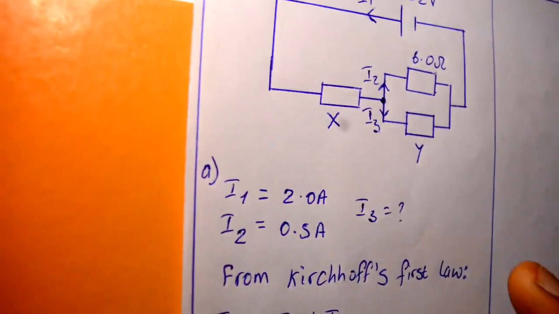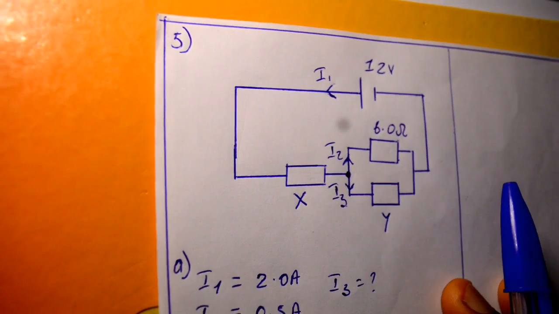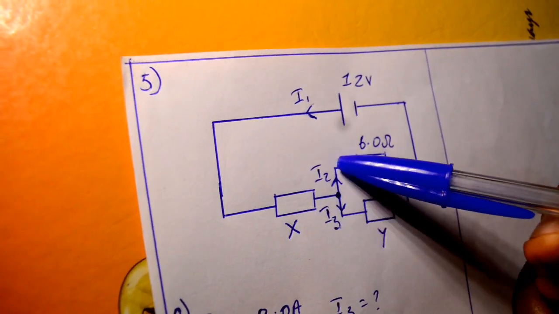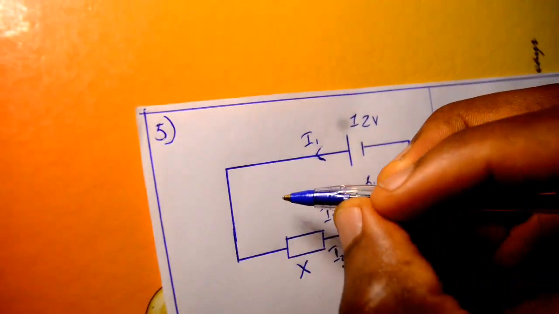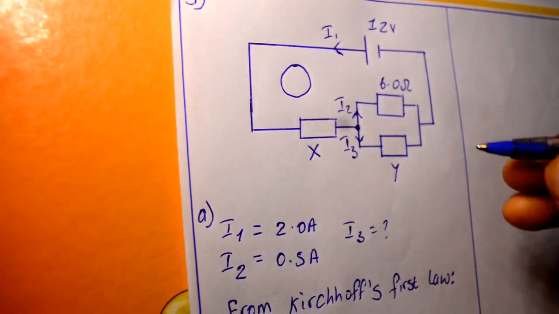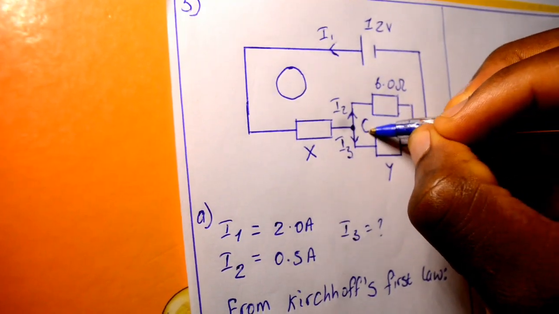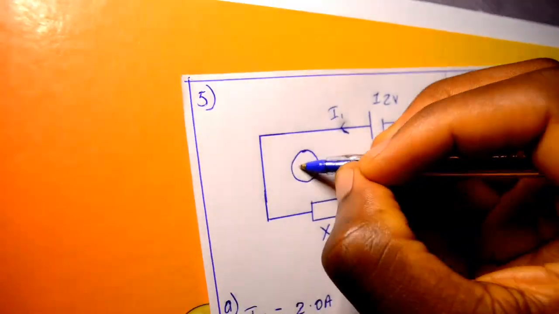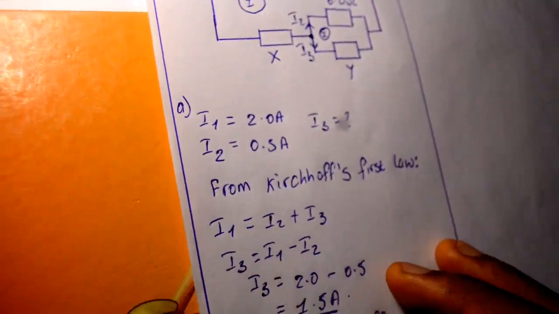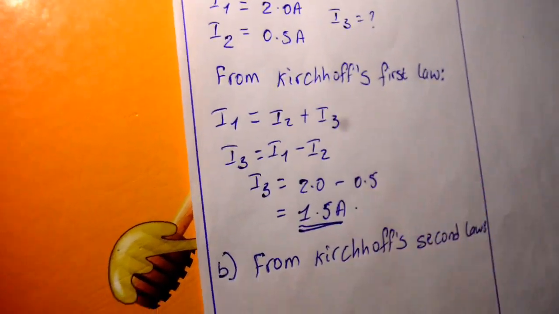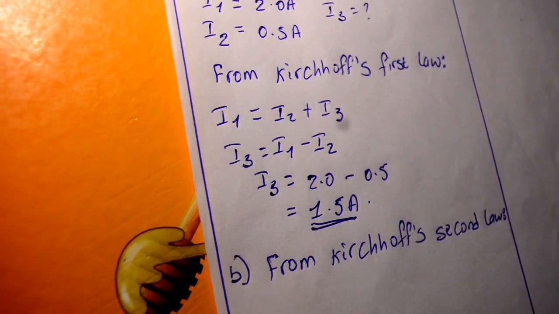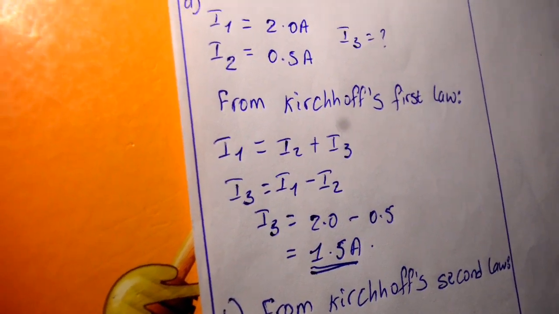So how do you proceed? You proceed by identifying your loops. So you need a loop like this. You take this to be the first loop and this to be the second loop. So you call this loop 1 and loop 2. They're asking for the resistance of the resistor Y, so you can go directly and use loop 2.